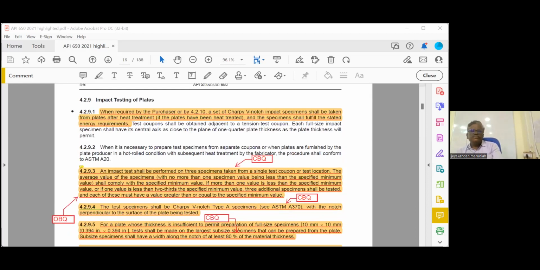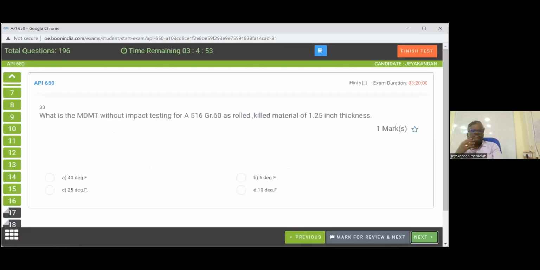Right. Next question. What is the MDMT without impact test for A516 grade 60 as rolled, killed, material of 1.25 inches? So how to answer it? First, you have to find the group, then you have to follow the equation, right? Try this.